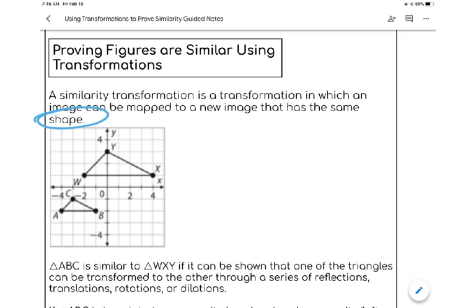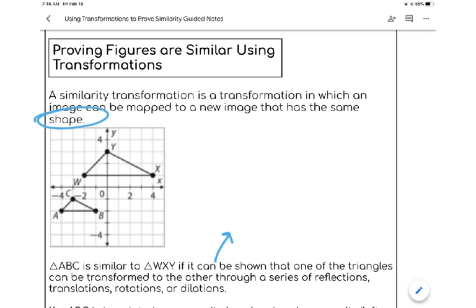So we're saying that these two figures here in this picture are similar if it can be shown that one can be transformed to the other using a series of reflections, translations, rotations, or dilations. This is different from them being congruent, because if they were congruent, it had to be a series of rigid motions, which means that it couldn't change the size or the shape.